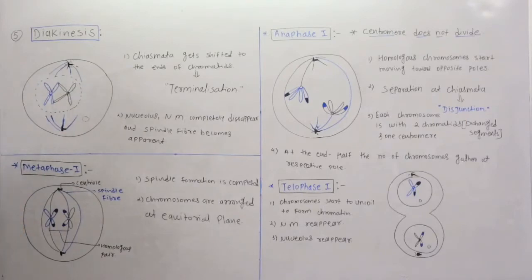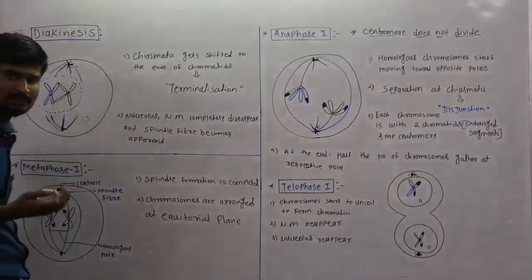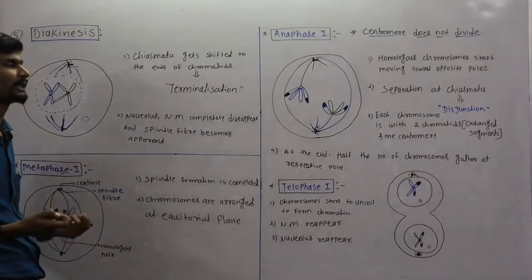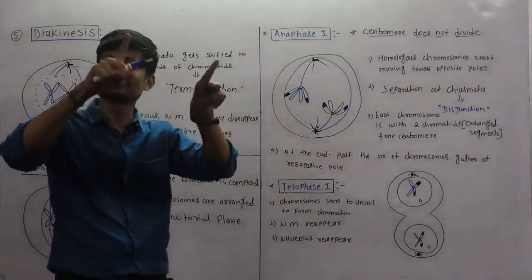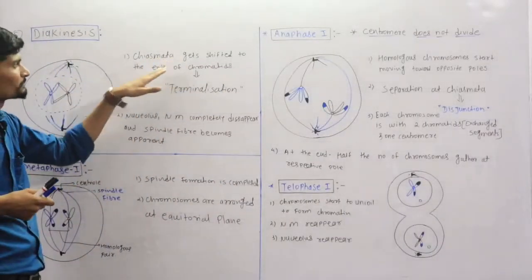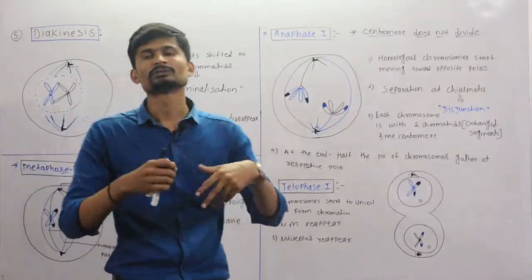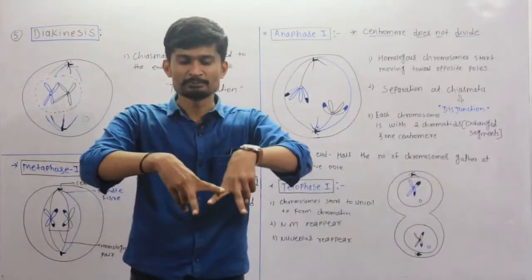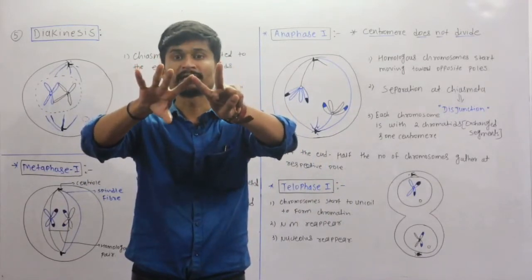In diakinesis, the chiasmata, now you know what the chiasmata is. Chiasmata is the point where the crossing over takes place. So the chiasmata gets shifted to the ends of the chromatids. These are not completely separated.